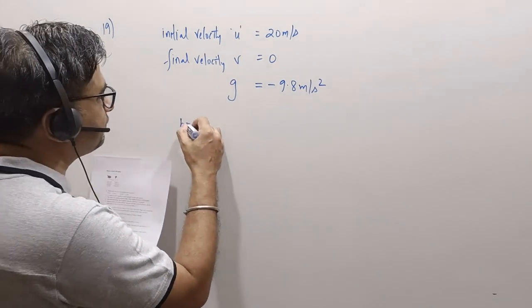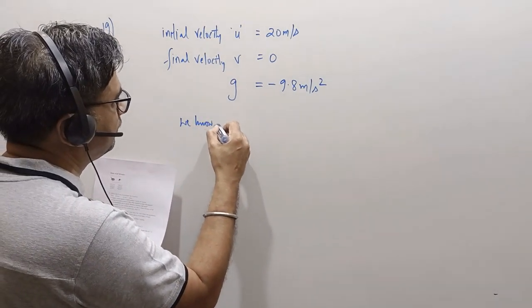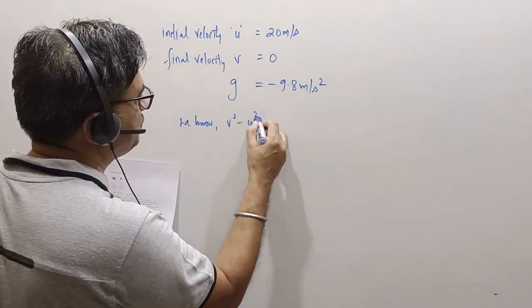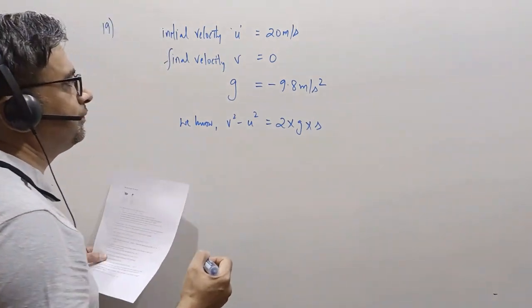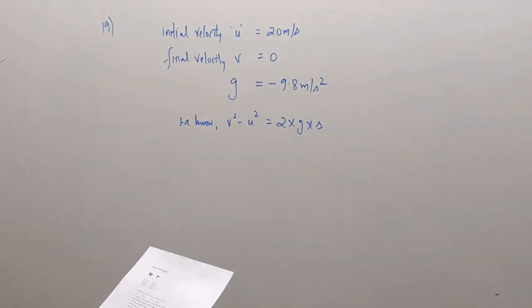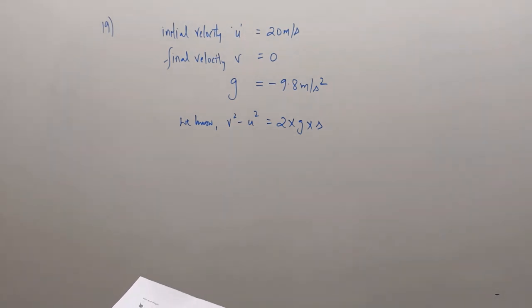We know v square minus u square is equal to 2 into g into s. Well, this will not help us here. We can find the distance.